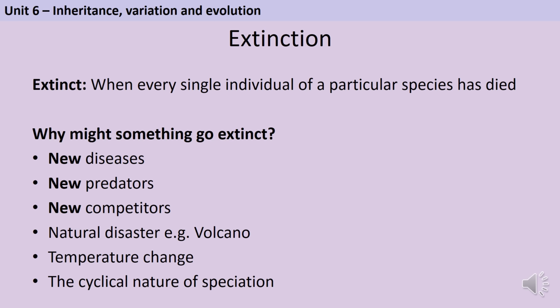When we say that a species has gone extinct, like the western black rhino in 2011, we mean that every single individual of that particular species has died out. There are no more and they're not coming back.